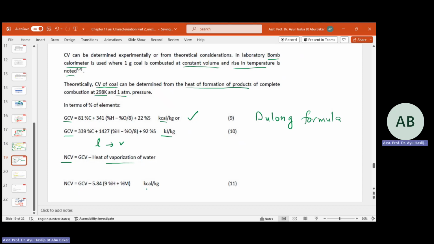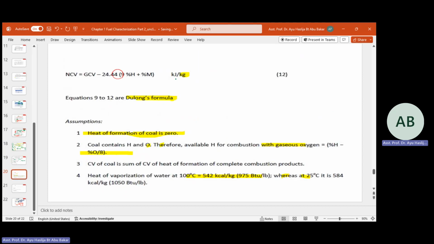This NCV is in units of kilocalories, and this one in units of kilojoules.